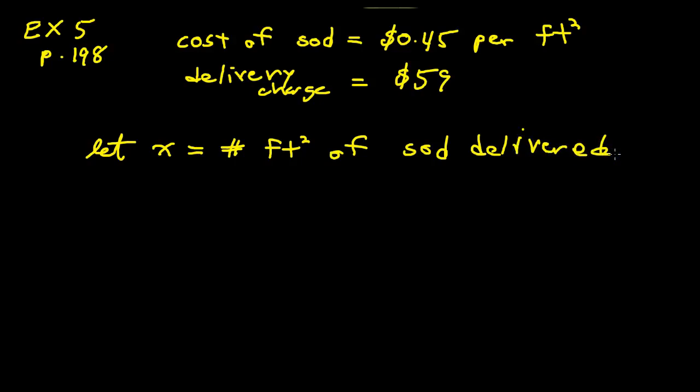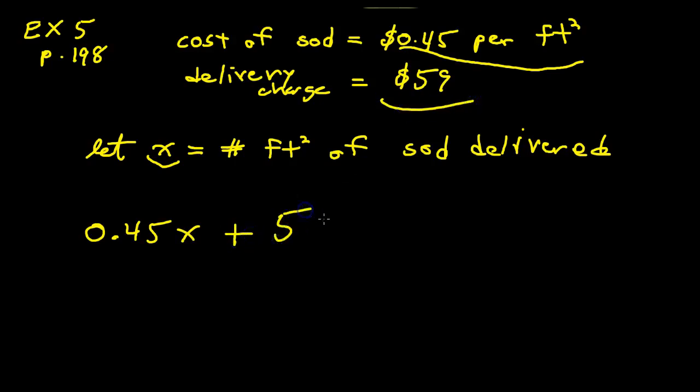We want the total cost to be equal to $284. The cost of the sod is 0.45 per square foot times x square feet. So I'll say 0.45x, the cost of the sod, plus the delivery charge of $59, has to equal $284.